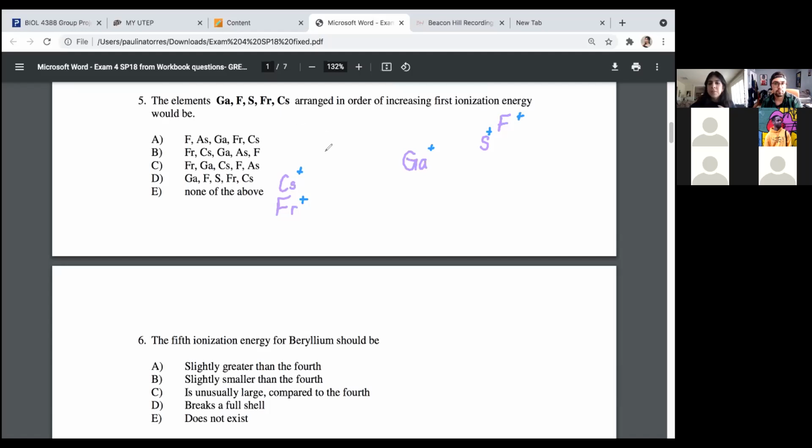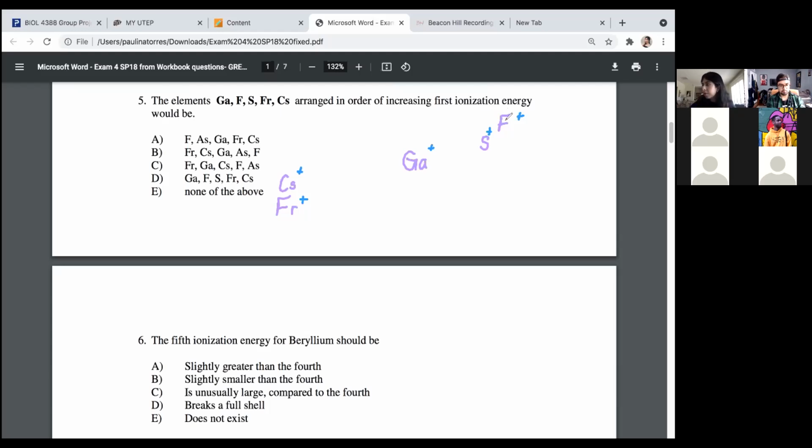So cesium and francium, when they lose an electron and get that plus charge, do they become like noble gases? Yes, they do. So they really want to lose that electron. It's super easy for them because they're like, yes, take it, I want to be just like a noble gas.